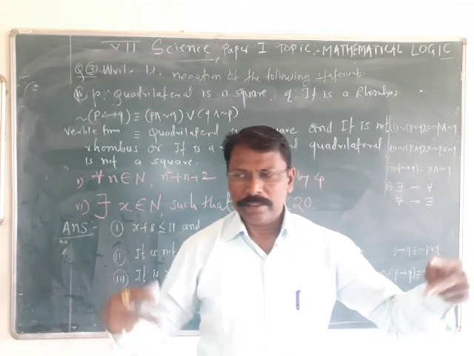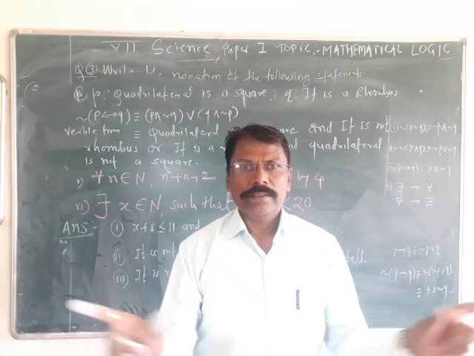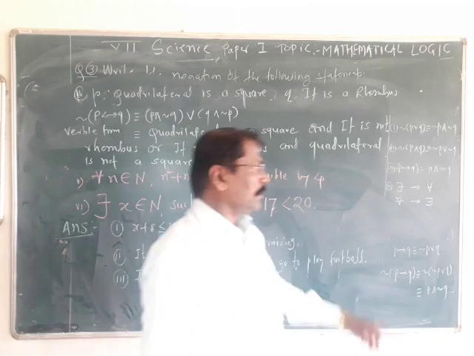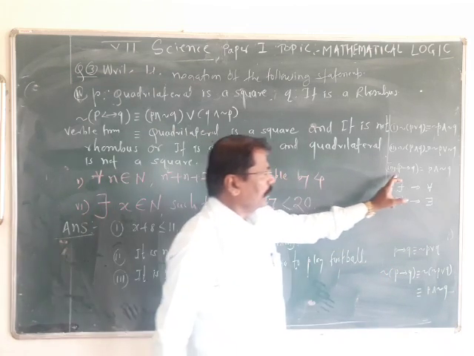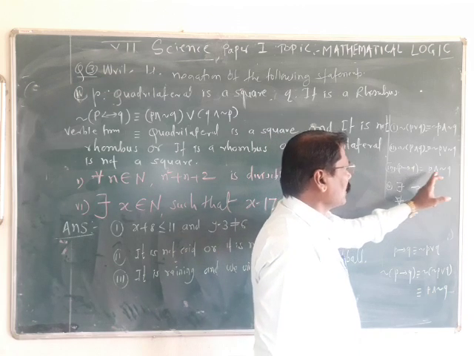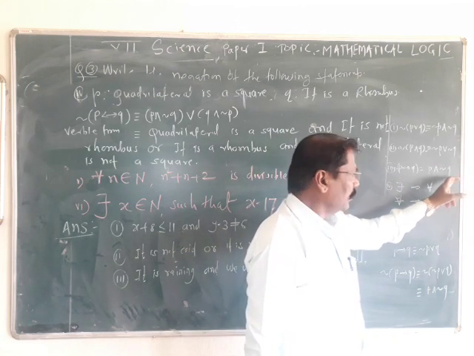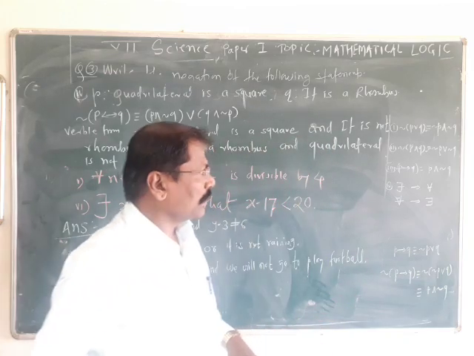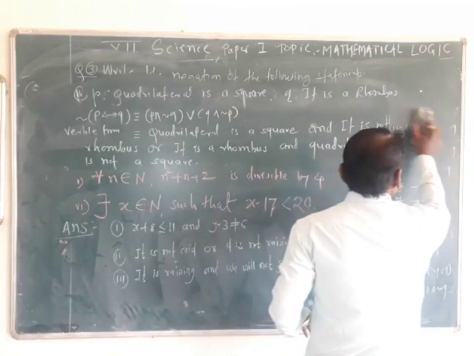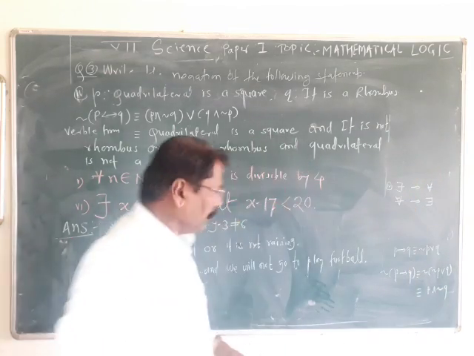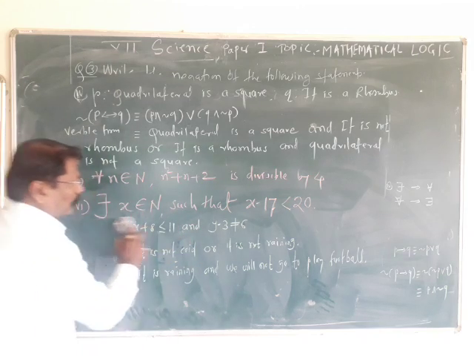So this is and, or with their negations. P implies Q means P and not Q. So double implies will be a double condition. So this is the negation of this statement. Now, answer of 4.